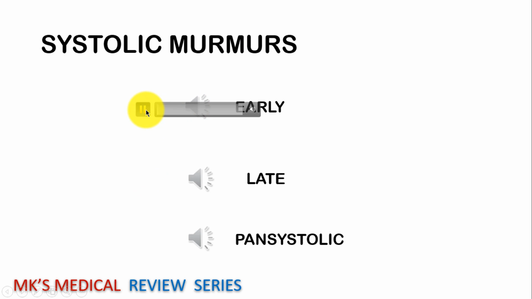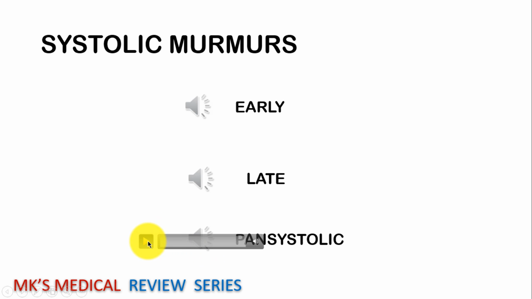You can also hear some silence here. But here, no silence at all. So those are systolic murmurs. Examples. So play the video backwards if you may. Rewind it, pause it, understand the concept.